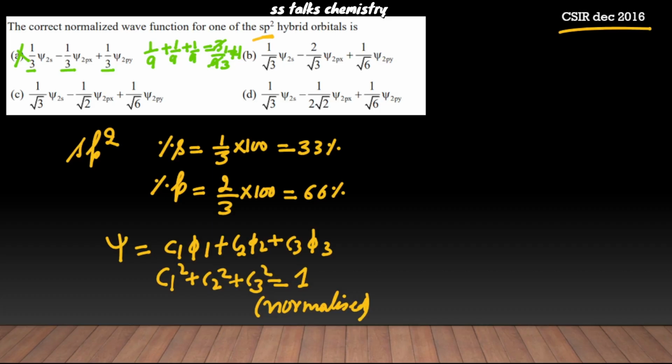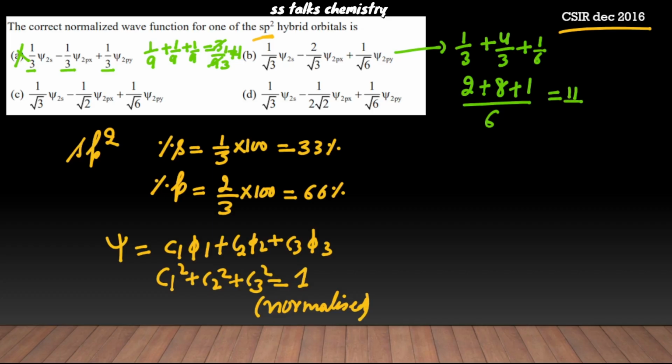Option B, if I see, will become 1 by 3 plus 4 by 3 plus 1 by 6. So it is becoming 2 plus 8 plus 1 upon 6, which is 11 by 6. So it is again not equal to 1.